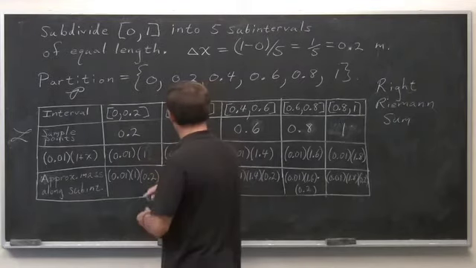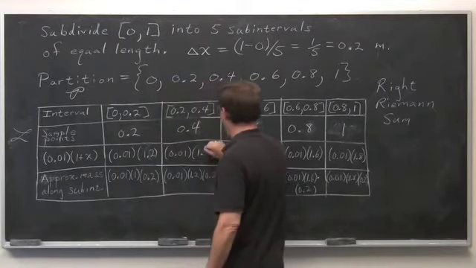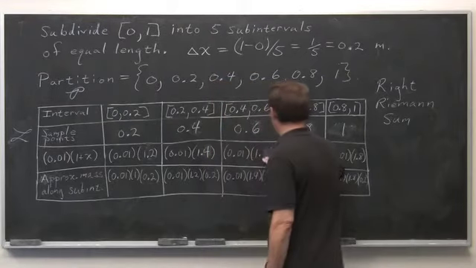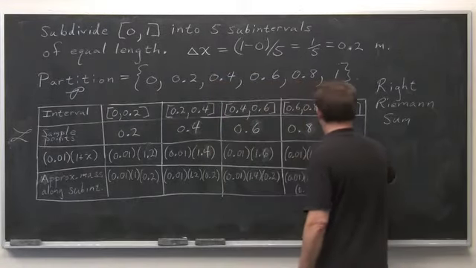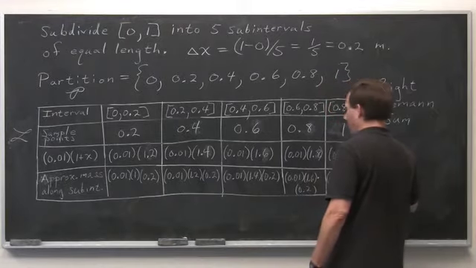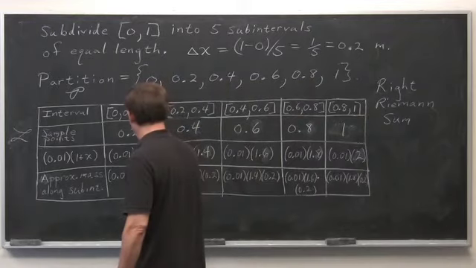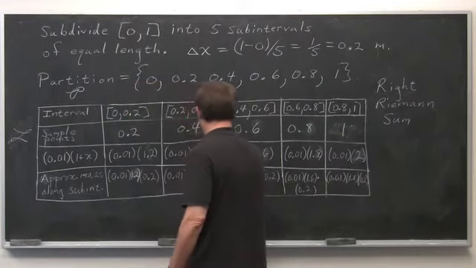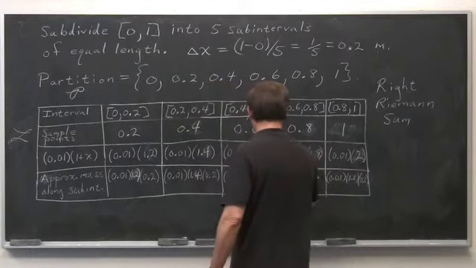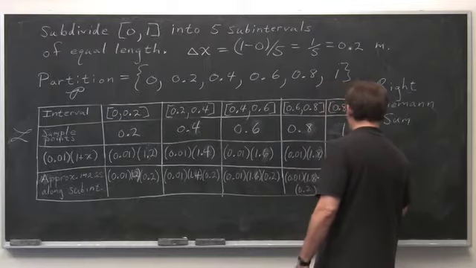Now this would be a 1.2, a 1.4, 1.6, 1.8, and a 2. And it changes down here. 1.2, 1.4, 1.6, 1.8, 2.